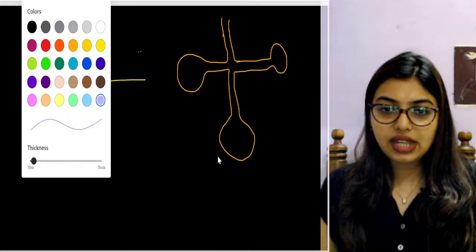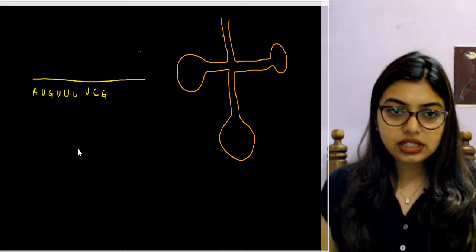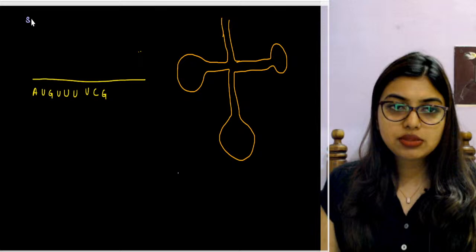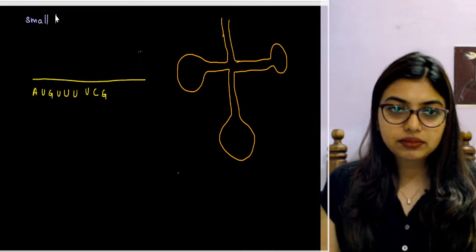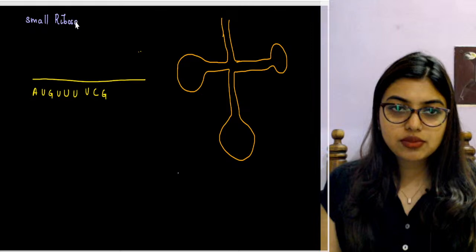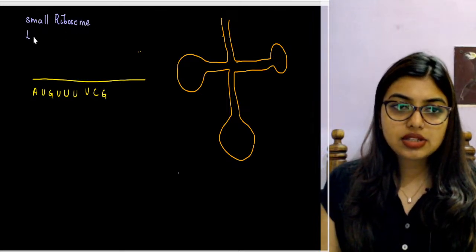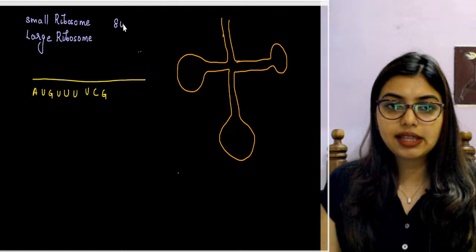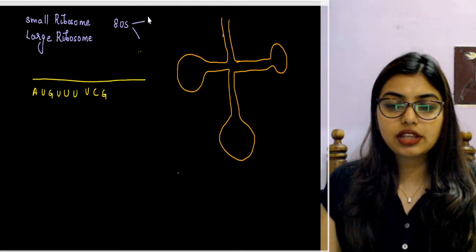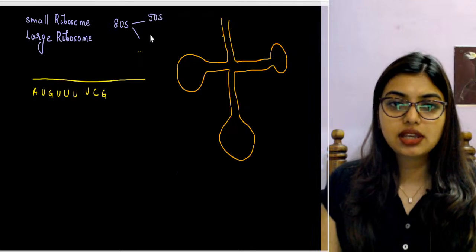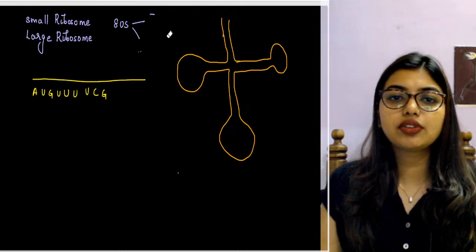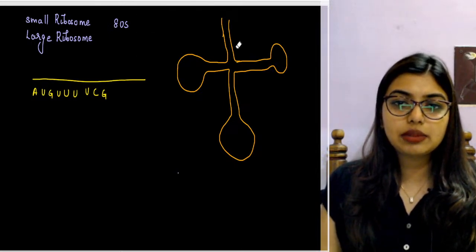The tRNA is going to form a combination which will have a small ribosome subunit and a large ribosome subunit, one larger subunit and one smaller subunit. It could be 70S, made of 50S and 30S, and the calculation is not because of the numbers, it is because of the Svedberg unit.